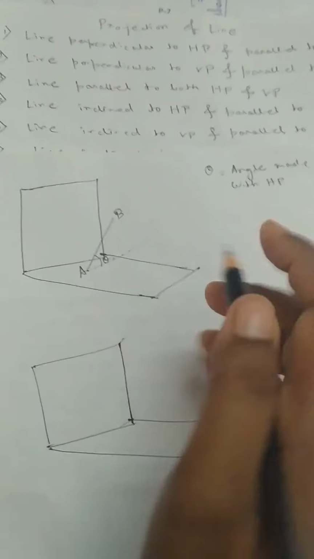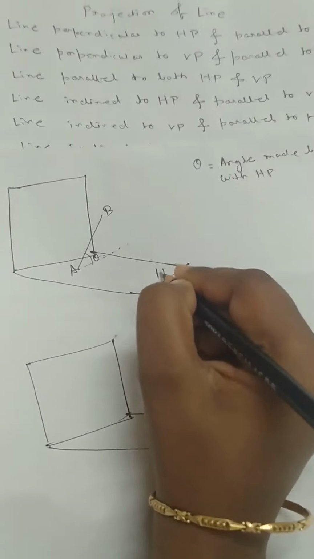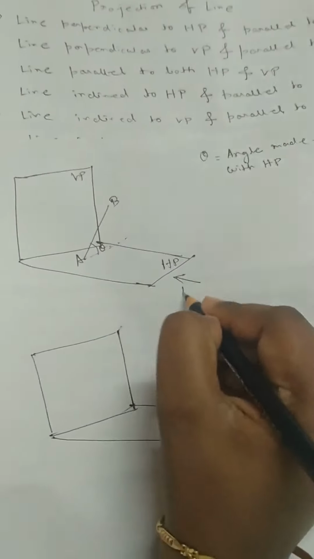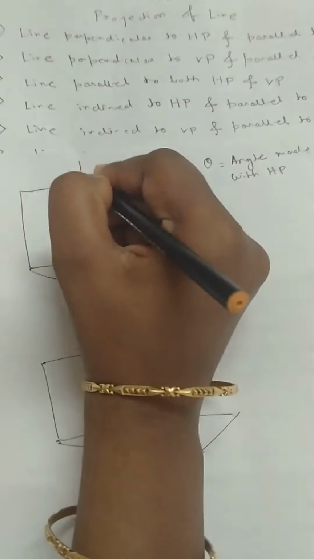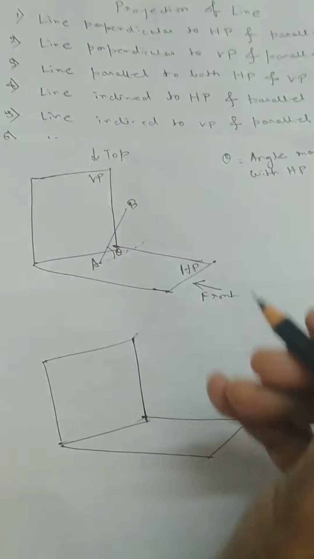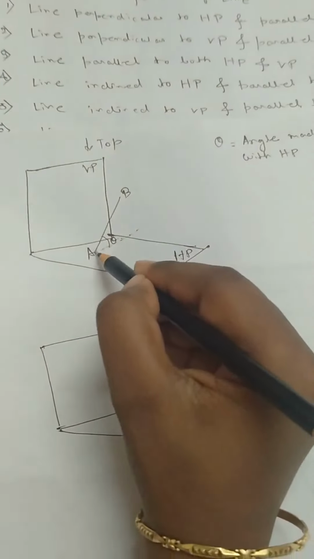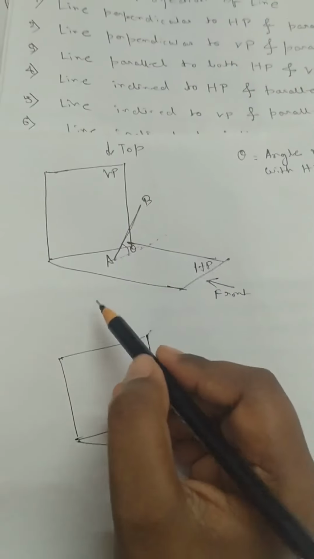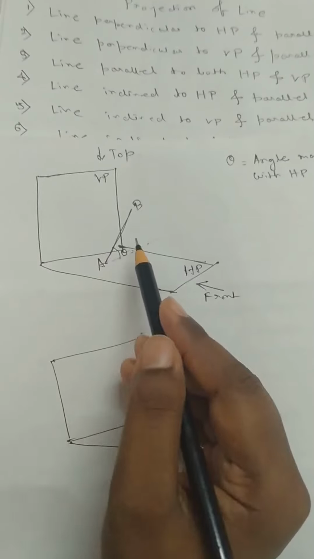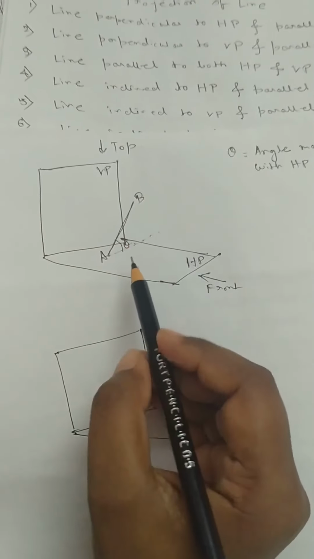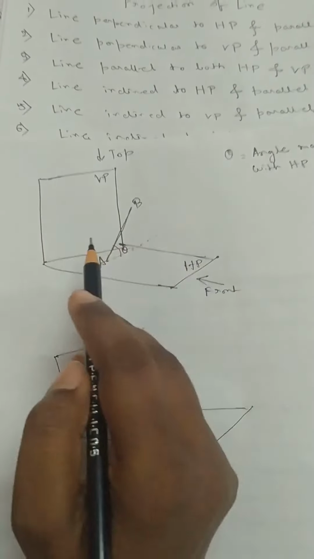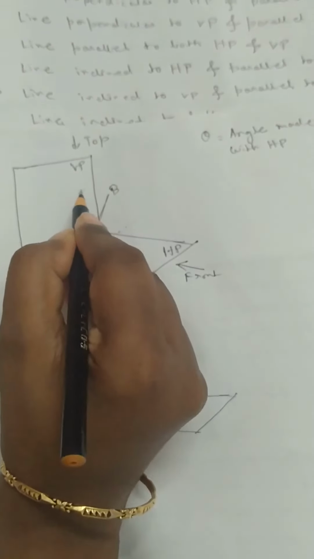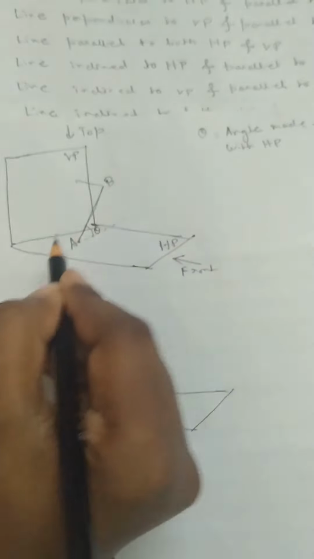So again this is our HP and this is our VP. Again we are going to see from front and top. So now this is our true length. We have to see how we are going to get true length for this case. If we see from our front, we will get a true length of AB line.